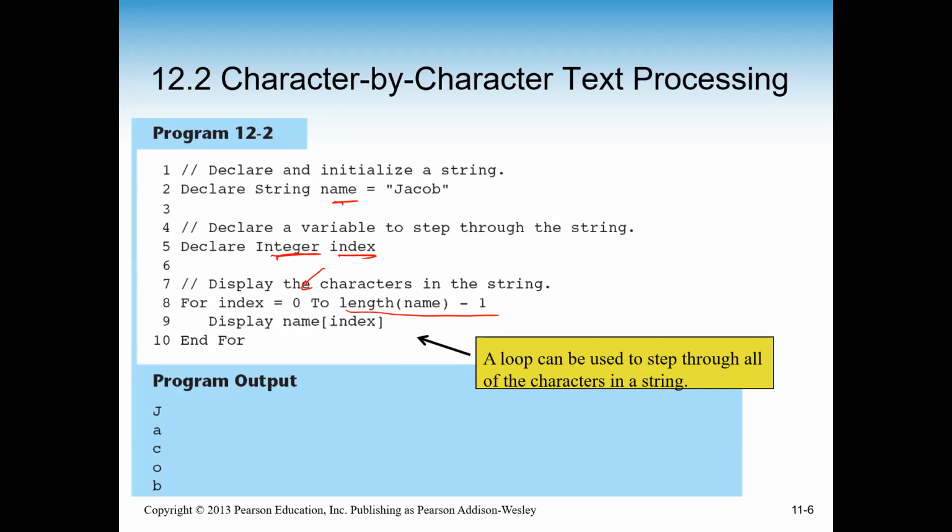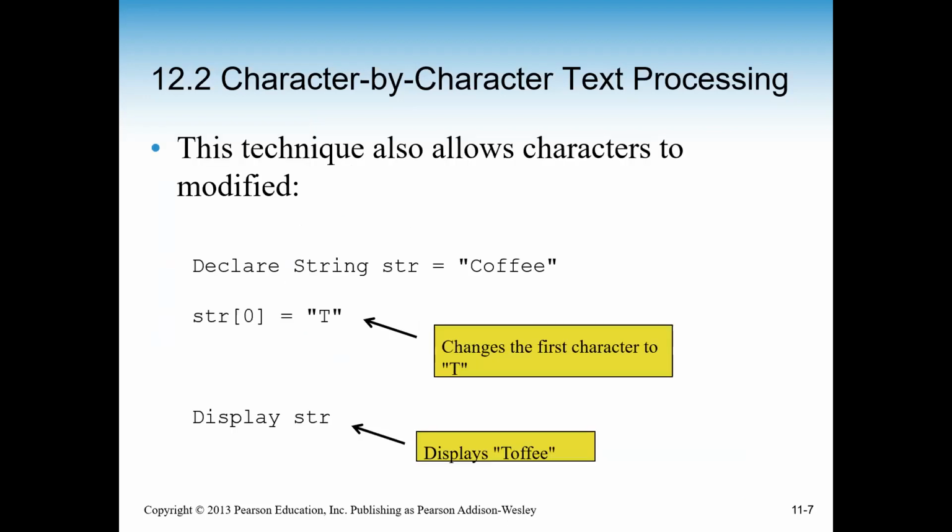Okay, so that's the example there. Once we know how we're iterating, we can just display name by the index position. So pretty simple, really.